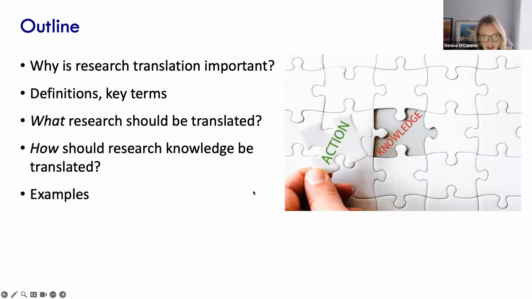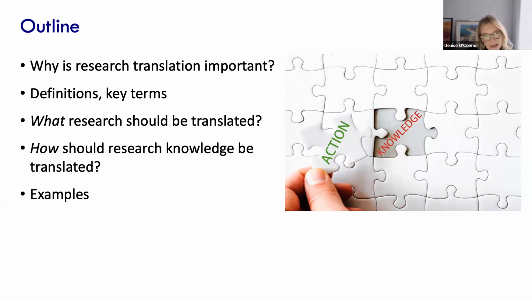As I mentioned, I'm going to spend the next 30 minutes or so providing an introduction to research translation concepts and implementation science. Specifically, I want to cover why research translation is important, although probably we're all pretty convinced of the reasons for that, and some key definitions and terms.